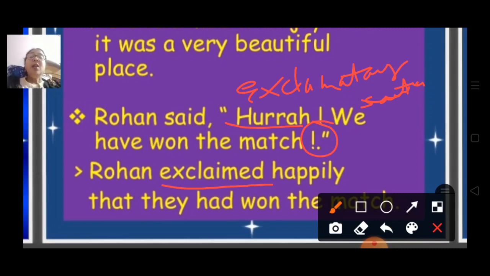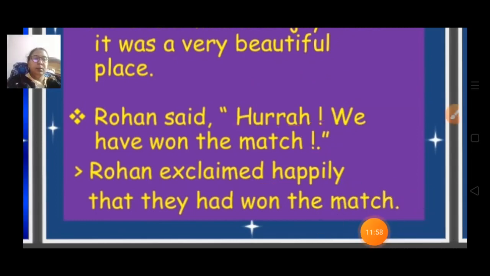Whenever we are making direct to indirect speech, this is something we should always keep in mind. Rohan said, "Hooray, we have won the match." Rohan exclaimed happily, because it shows the happiness of Rohan.